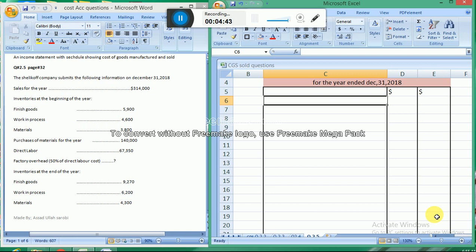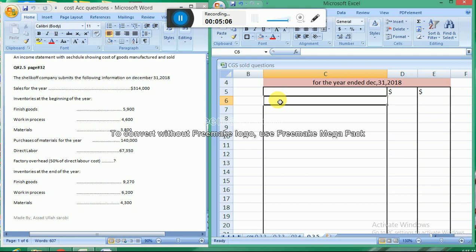That will be the beginning of this year 2018. So all the beginning inventory we will add here, whether it is direct material, work in process, or finished goods.